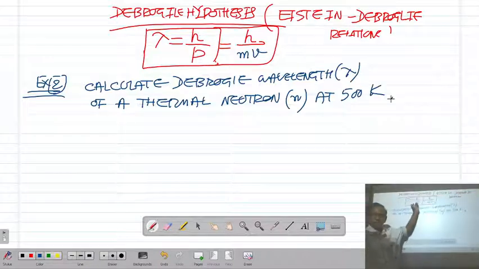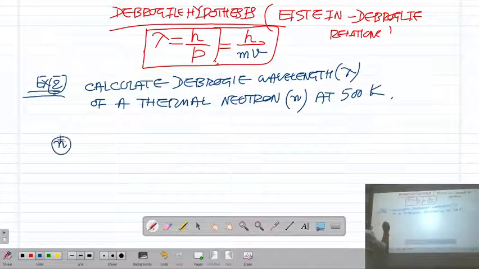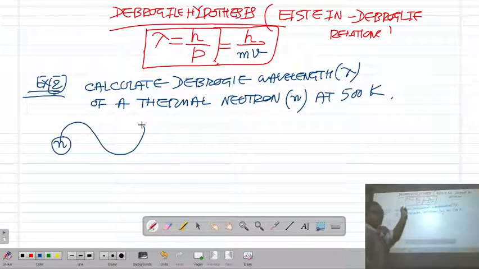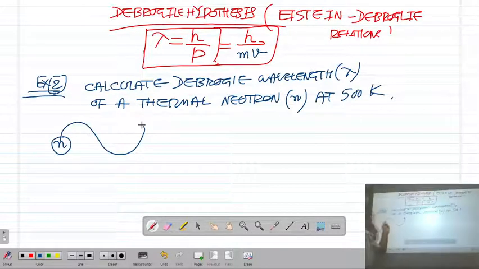So this is your example. Calculate the de Broglie wavelength, because there is a wave associated with the neutron. So calculate the de Broglie wavelength of the wave associated with a thermal neutron at 500 degree Kelvin temperature.